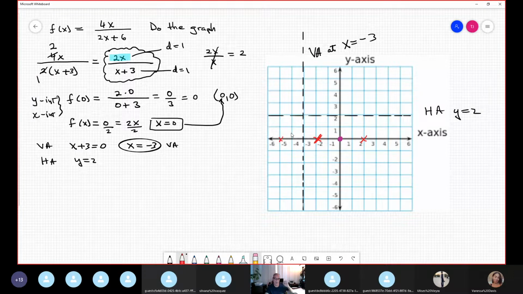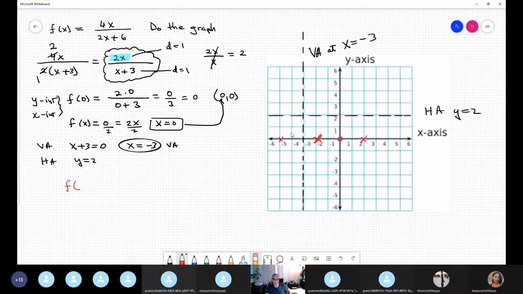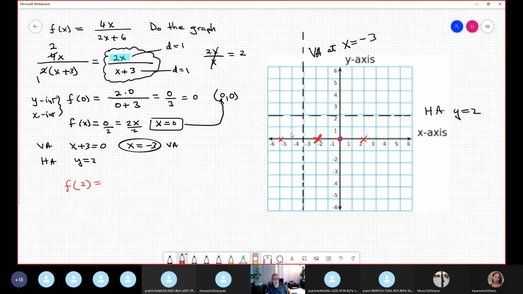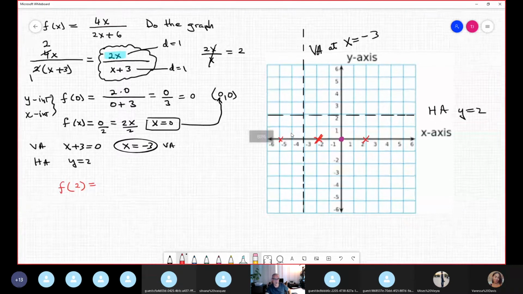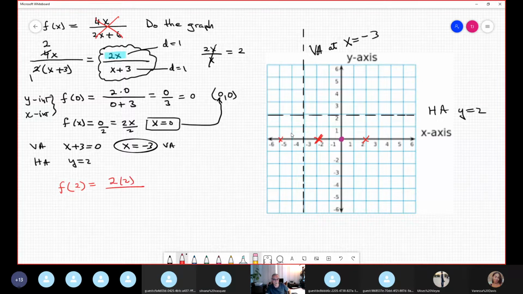Why not? And you just evaluate, for example, f at positive 2. It is not in the original expression; no, this is history, I don't care about this. I copy the easier expression. It's 2 times 2 divided by 2 plus 3. 2 times 2 is 4, and this is 5. I highly recommend expressing it as a decimal. This is 0.8.